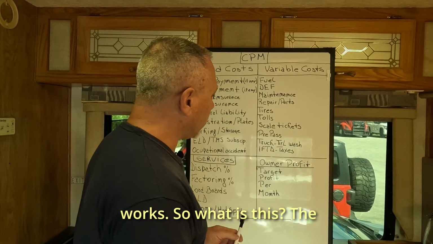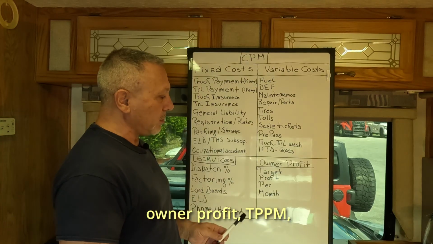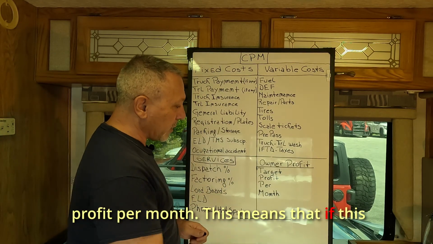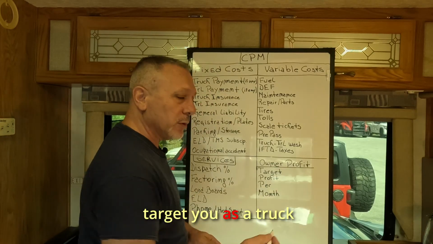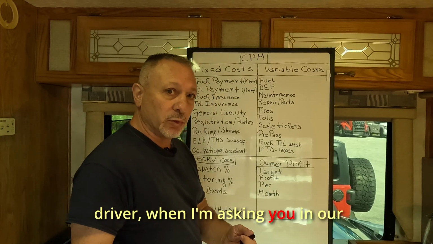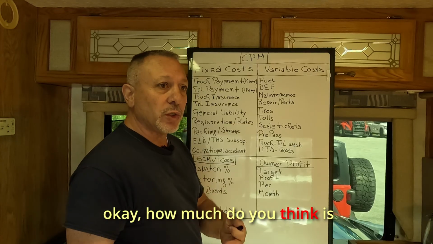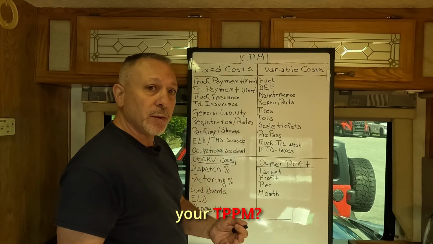So what is this? The owner profit, TPPM, is the target profit per month. This means that when I'm asking you in our interview, as a truck driver, okay, how much do you think is your TPPM?